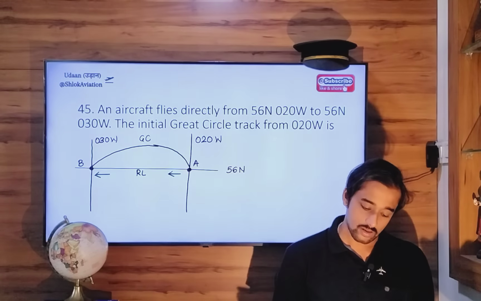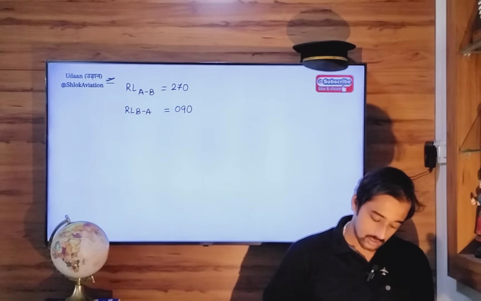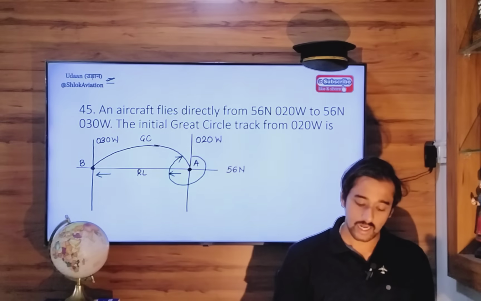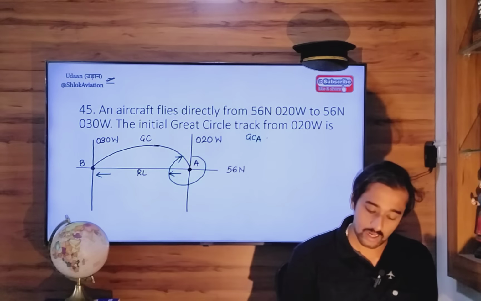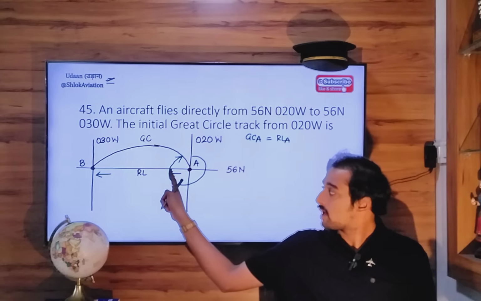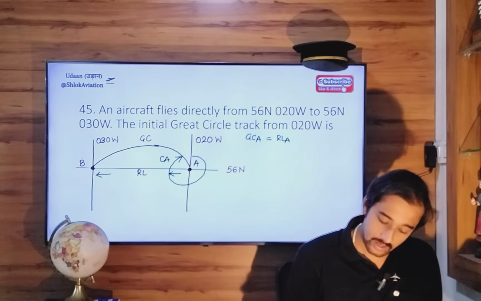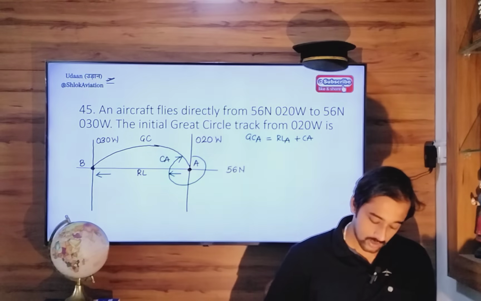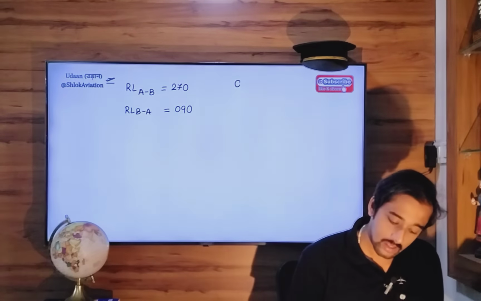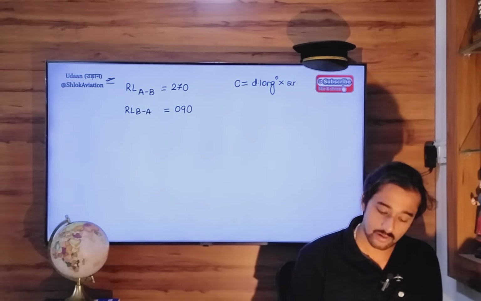Next, we have to find great circle track at A, this angle. This great circle track at A is made up of rhumb line track at A up to this point plus this additional small angle which is your conversion angle. Now what is convergency? Convergency is d long in degrees into sine latitude.